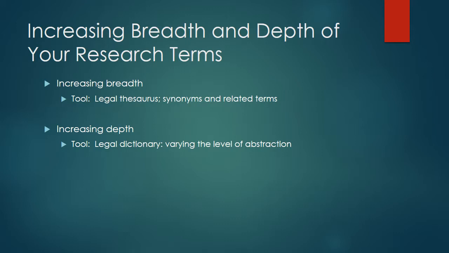Okay? And it all is based on the way the law works: legislation is ambiguous, and legislatures and courts use different terms for the same or nearly the same thing. And if we don't increase the breadth and depth of our search terms, we're going to miss stuff.